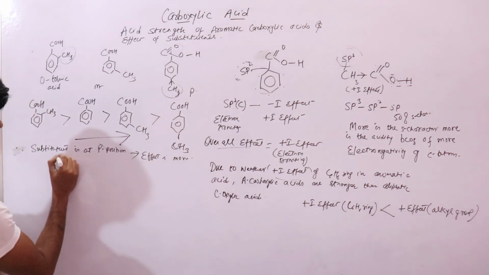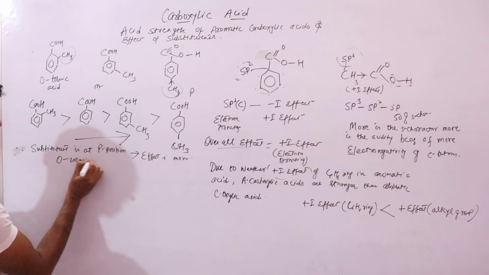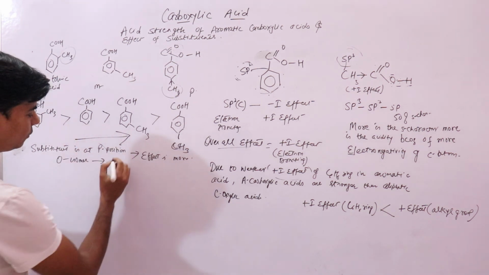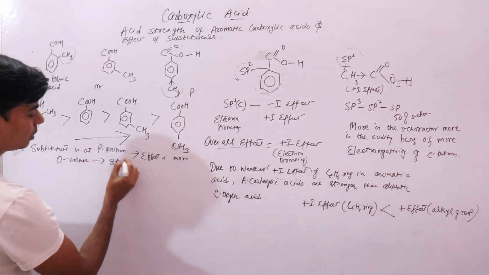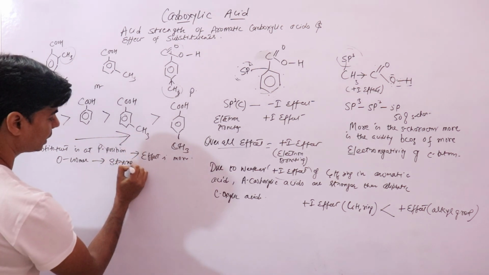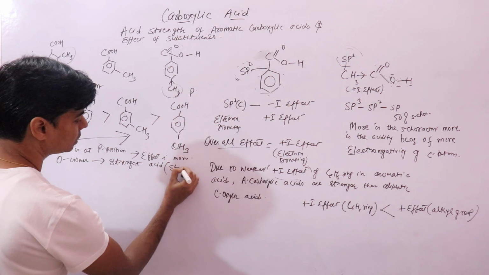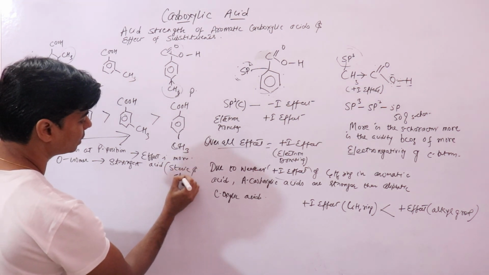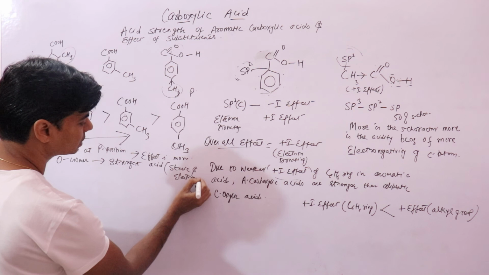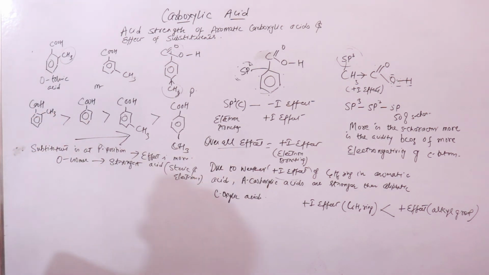And the ortho isomer will make the substituted acid the strongest acid, right? Why? Because of some steric and electronic factors. We'll understand this a little more.